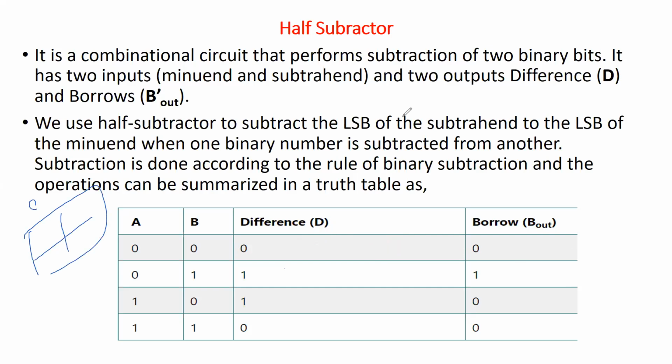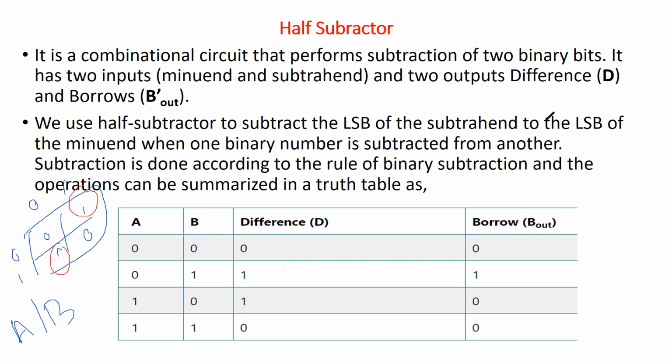So again, after drawing this, you make the table. So 0, 1, 0, 1, A and B. Suppose I am drawing for difference. 0, 0 is 0 over here. 0, 1 is 1. 1, 0 is 1. Here this is separate, this is separate.